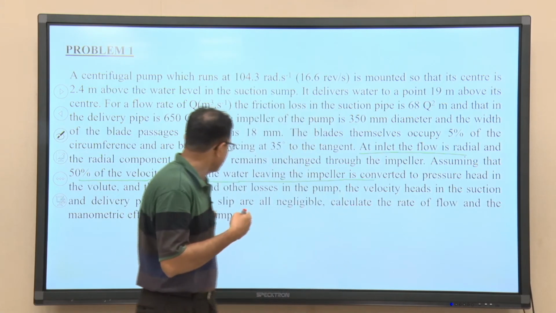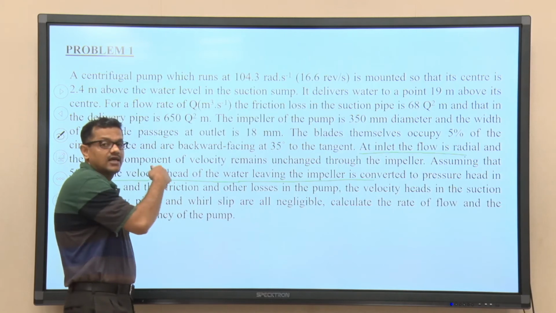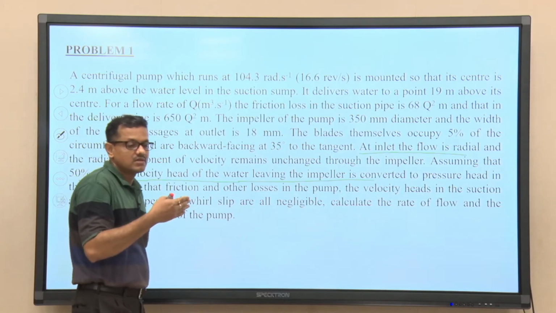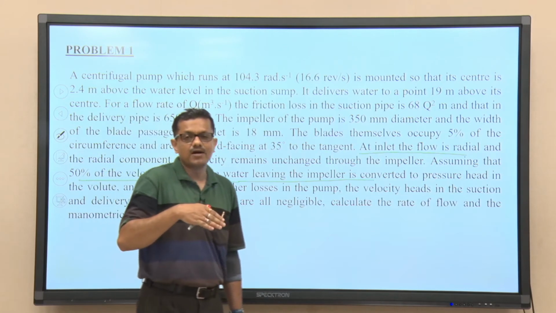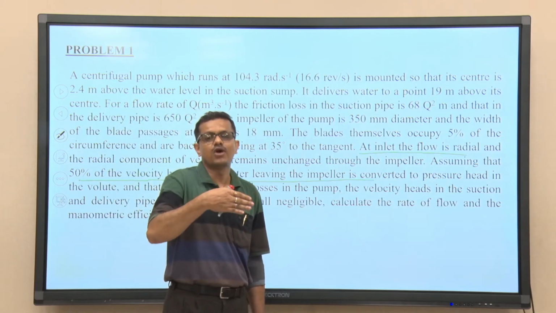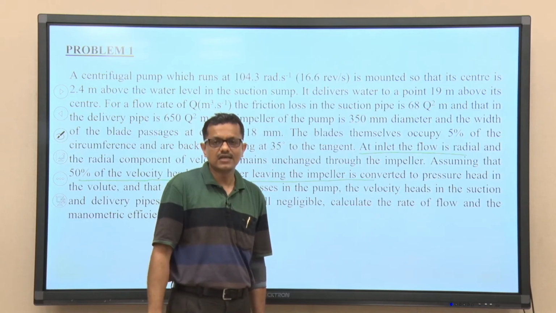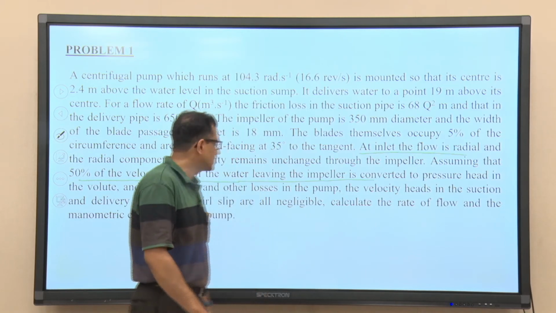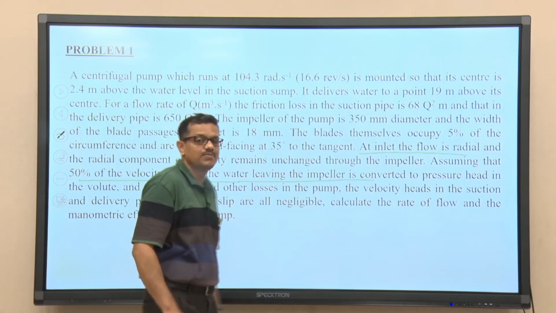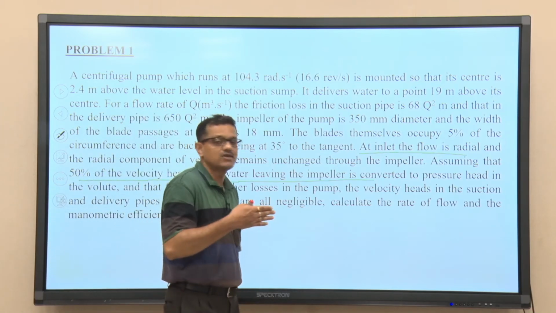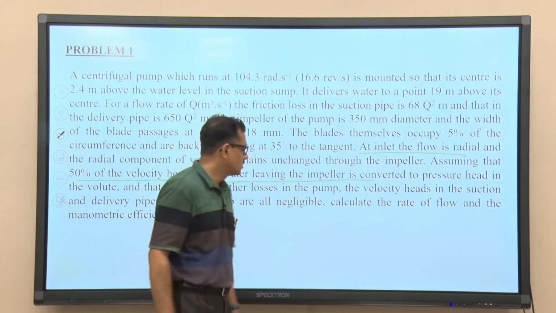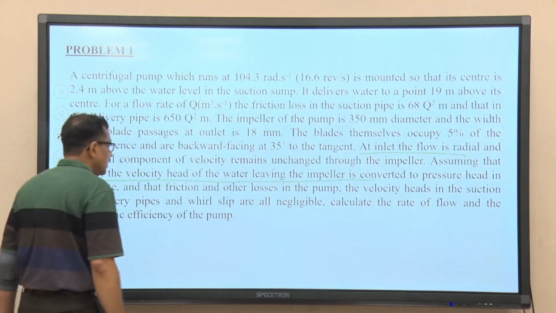Now, the velocity will also be increased inside the pump, and that velocity head will be converted to the pressure head through the volute casing. Now, it is given that only 50% of the velocity head of the water leaving the impeller is converted to the pressure head, and the remaining 50% is not converted into the pressure head. So, this is the meaning of the statement.